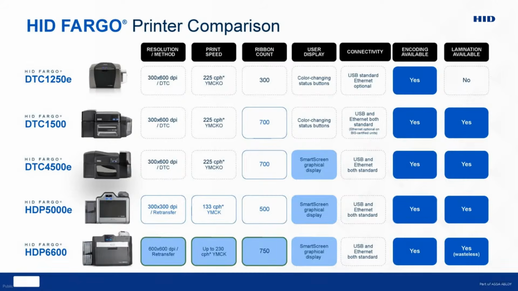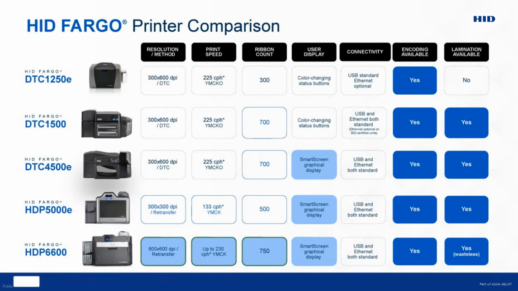Another key difference is lamination. The lamination module is available only on the DTC 1500 and DTC 4500E, and it's not available on the 1250E. All these 3 models also support encoding.